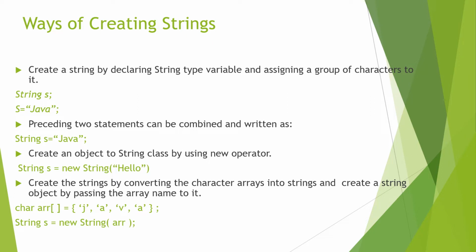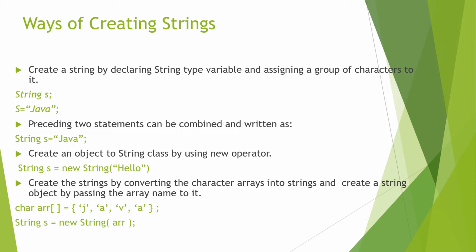Next is to create strings by converting character arrays into strings, creating a String object by passing the array name to it. So we are taking an array arr of type character, which we write with the data type char.